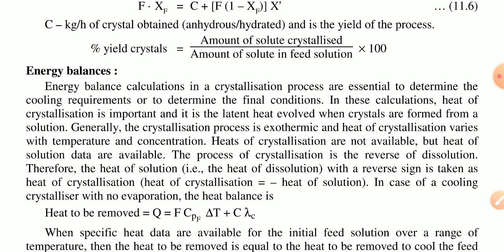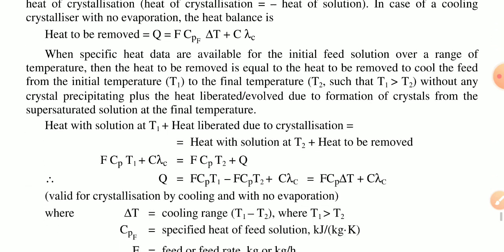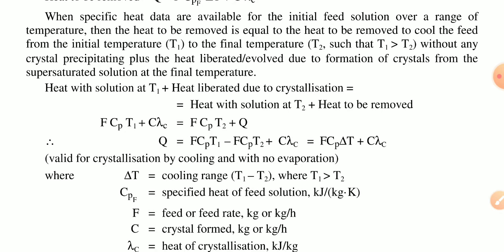In case of cooling of the crystallizer with no evaporation, the heat balance is: heat to be removed, capital Q, is equal to F·CPF·delta T plus C·lambda C, when the specific heat data are available for the initial feed.